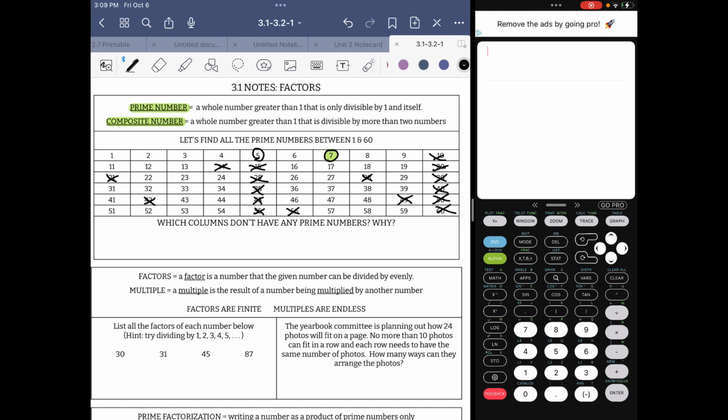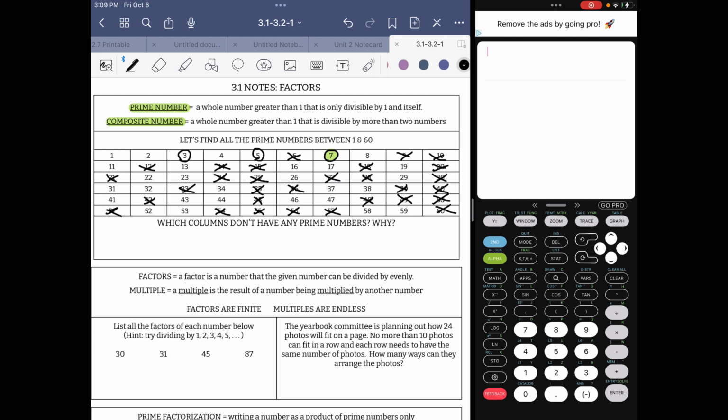And then I'm going to do the same thing for 3s. Circle 3, but then cross out any multiple of 3, like 6, 9, 12, 15, 18, 21, 24, 27, 30, 33, 36, 39, 42, 45, 48, 51, 54, 57, and 60.